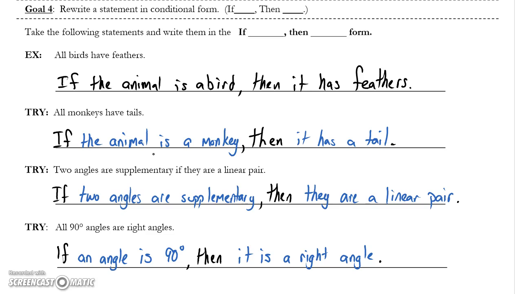Conclusion is it has a tail. We do need to include the words if and then. In the second one, if two angles are supplementary, then they are a linear pair. Again, there's not much of a different statement that would work there. Some small differences in wording could be okay. And the last one, if the angle is 90 degrees, then it's a right angle.